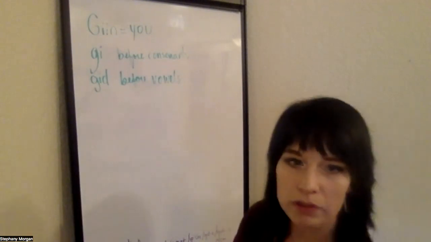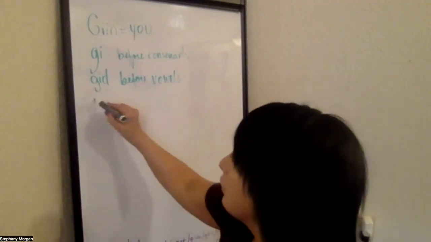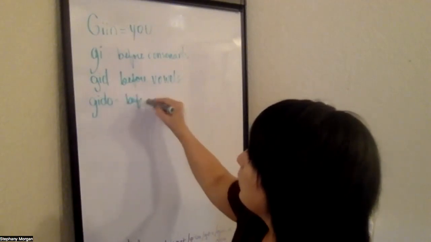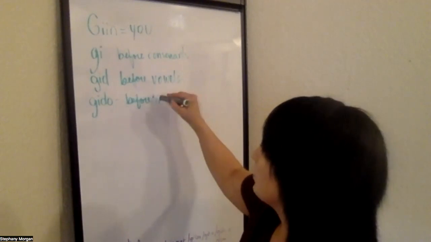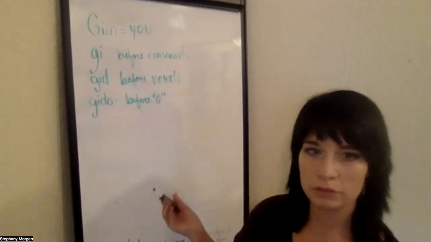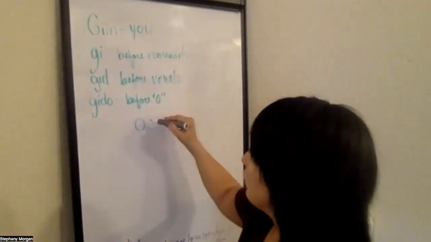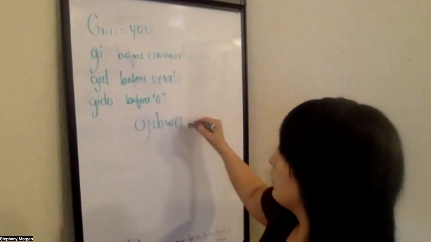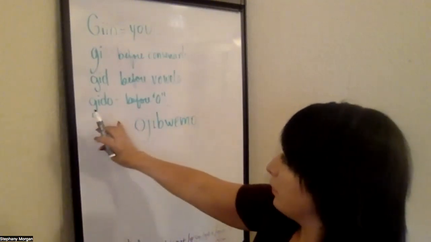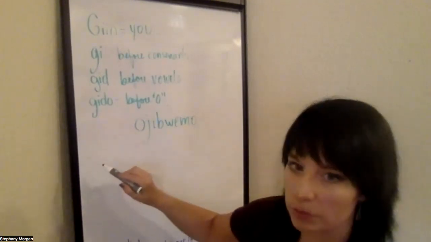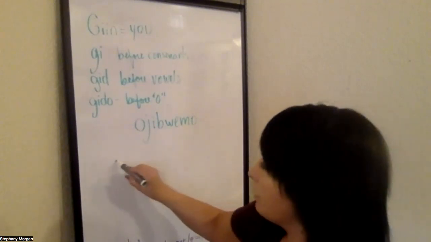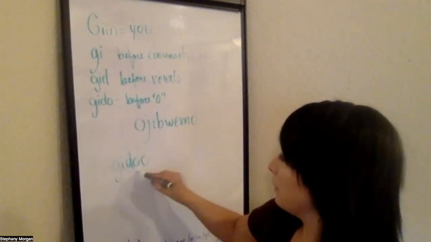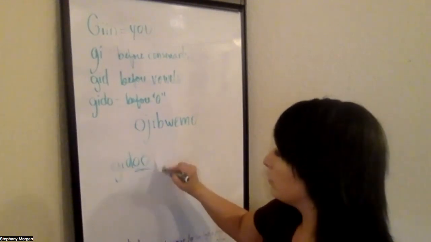Now, if the verb starts with an O, then we add this in front of it. Such as the word Ojibwemo. He or she is speaking Ojibwe. When you add you are speaking in Ojibwe, when you add gid in front of it, you have to add gid and then O, and that lengthens the sound, gidoOjibwemo.